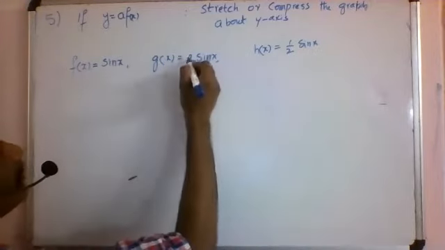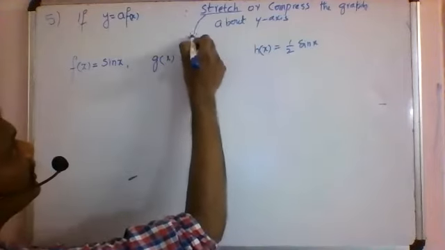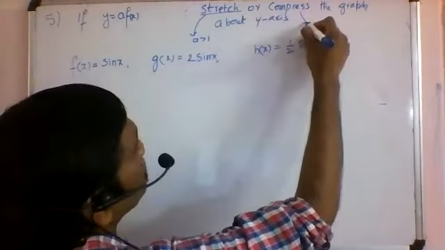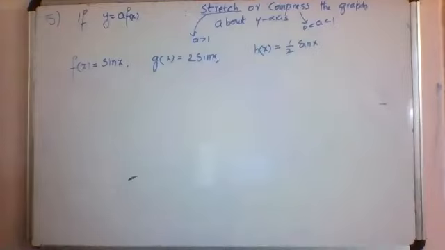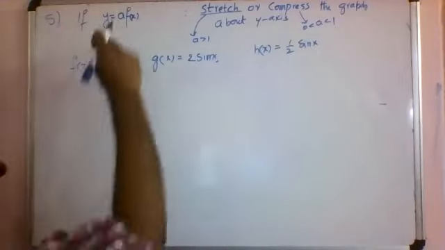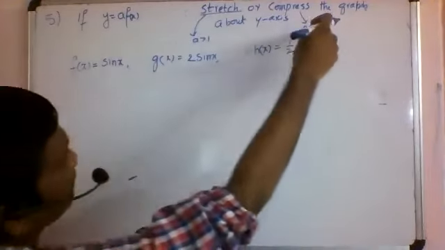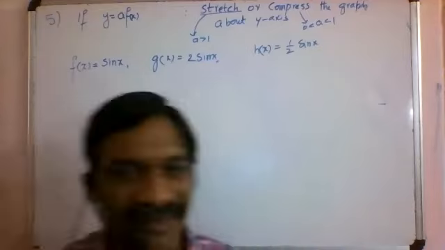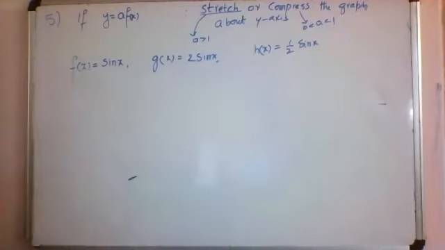When a is greater than 1, you stretch, and you compress when a lies between 0 and 1. And for negative a, we have already drawn it for negative f of x.